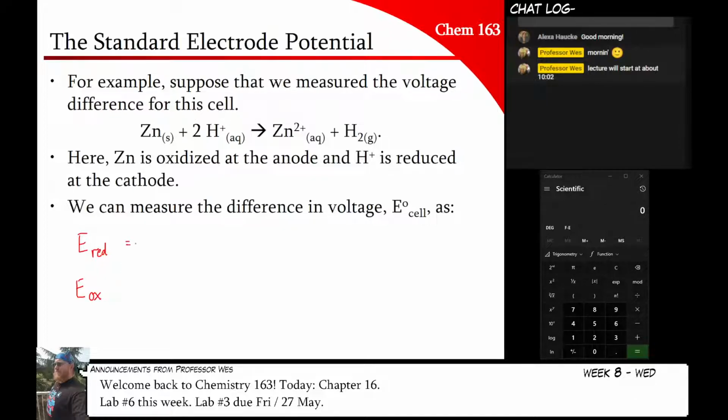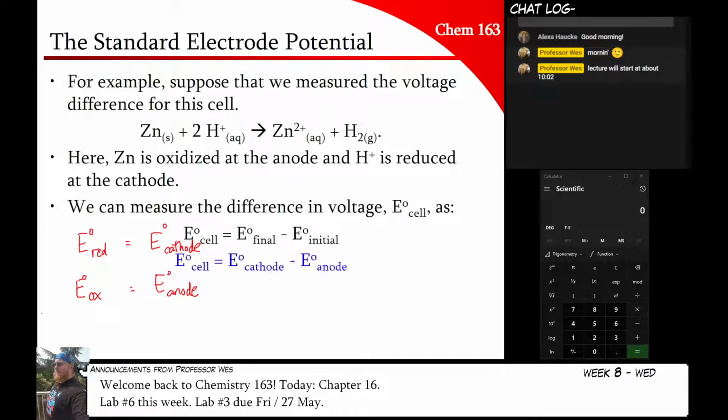We're going to write it like this. And I should put little circles here because we're doing all these at standard state. And then if I want to figure out what E cell for the entire thing is, we would write it like this: cathode minus anode.